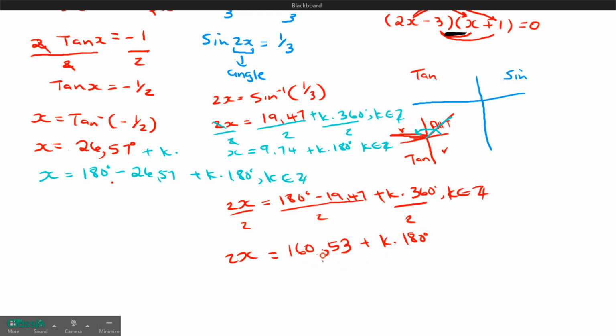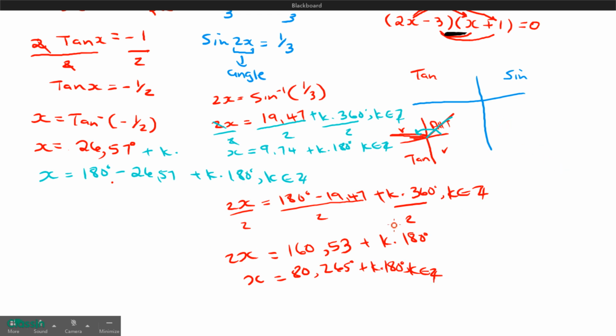But remember, we divided by 2, so we get 80,265. Therefore, x is equal to 80,265 degrees plus k times 180 degrees, where k is an element of integers.